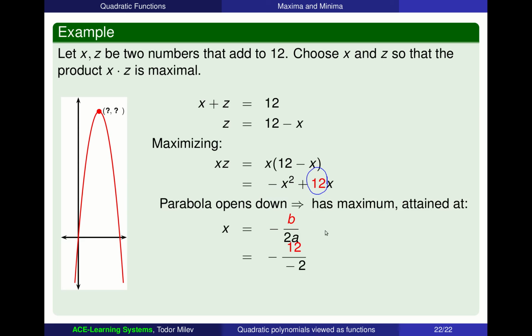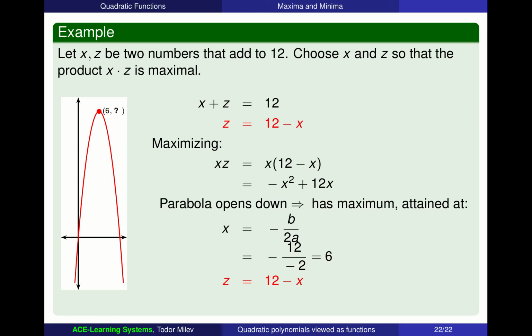That's the coefficient of x, and a is equal to negative 1. So 2 times a is equal to negative 2. So 12 divided by 2 is 6, and minus times minus is plus. So this cancels down to 6, and my final answer is x equals 6.